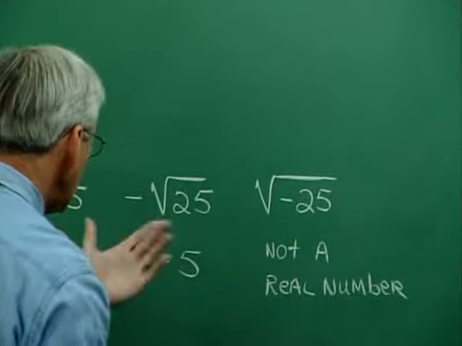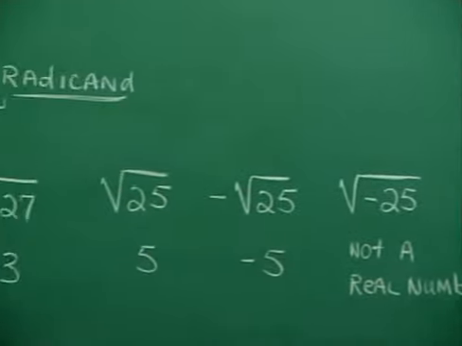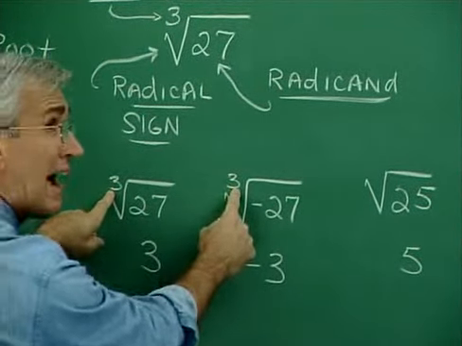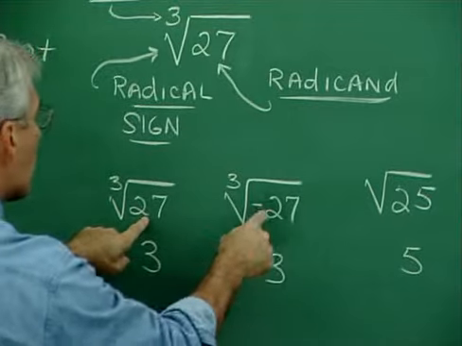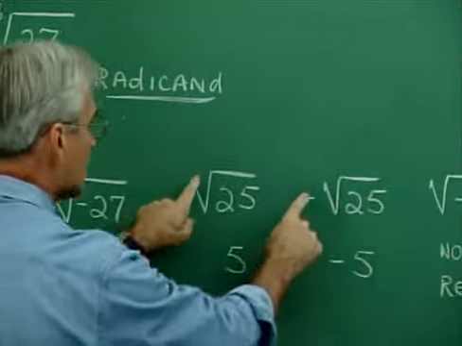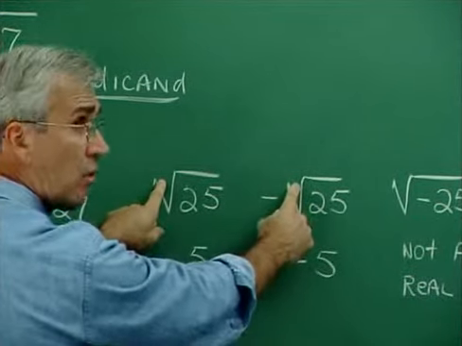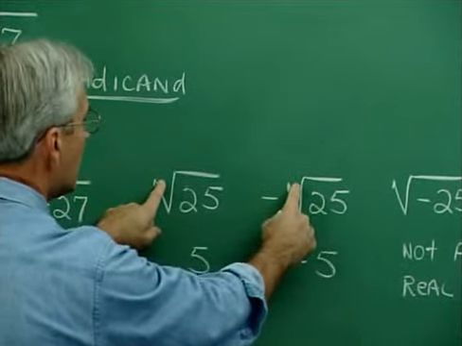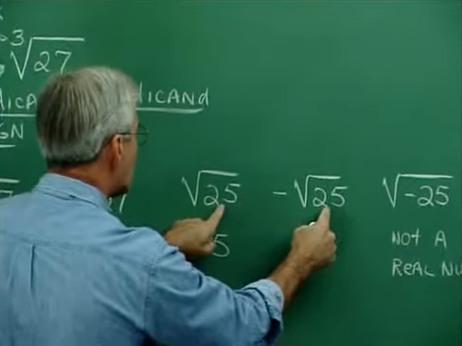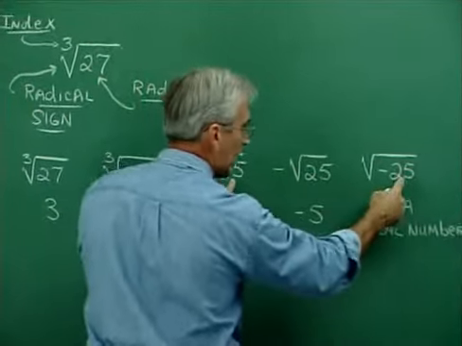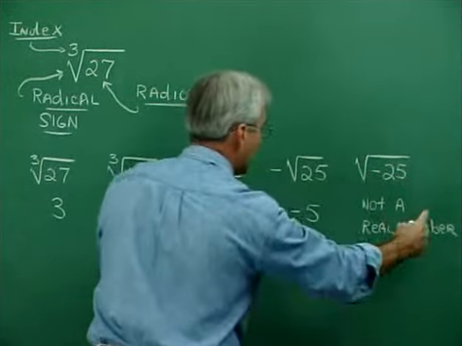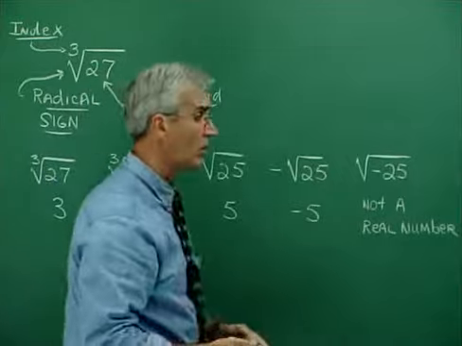So generally speaking, we can take an odd indexed radical of either positive or negative numbers. But when we're talking about an even indexed radical, that is square root or fourth root or sixth root, then we take only those roots on positive values. If we're talking about negative values under an even indexed radical, we don't get a real number as the result of that request.